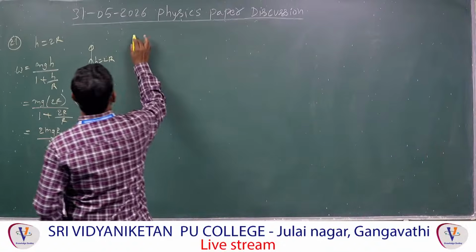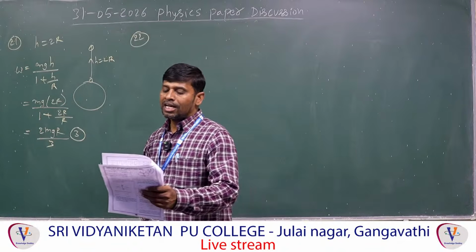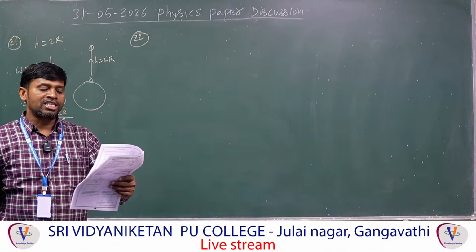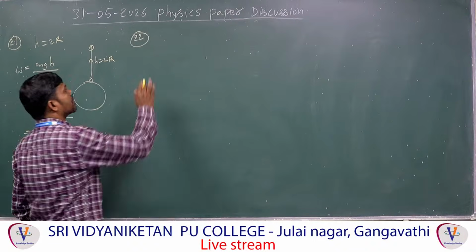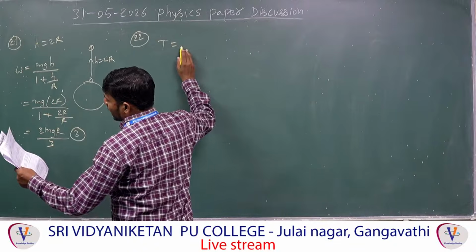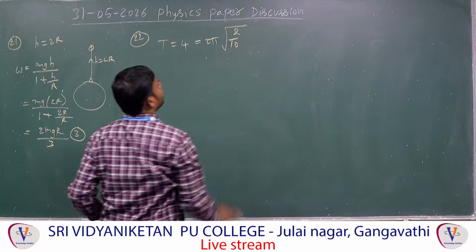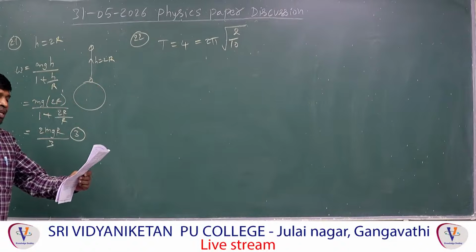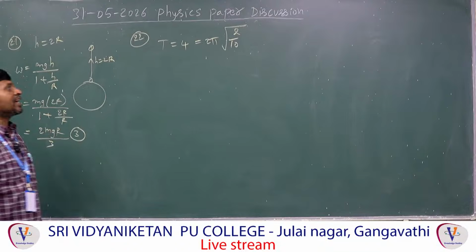Problem number 22. An ideal simple pendulum executing simple harmonic motion has a time period of 4 seconds in a stationary lift. In a stationary lift, the time period is 4, that value is 2 pi into root of L by g. Now the lift is starting upward with an acceleration of 3 meter per second squared. What is the time period?